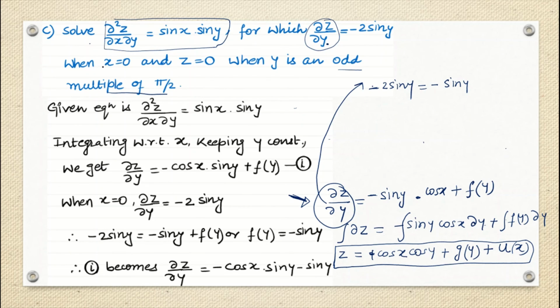So here x is 0, correct? So here my x is 0. So sin 0 is 0 and cos 0 is 1. So this is nothing but 1.